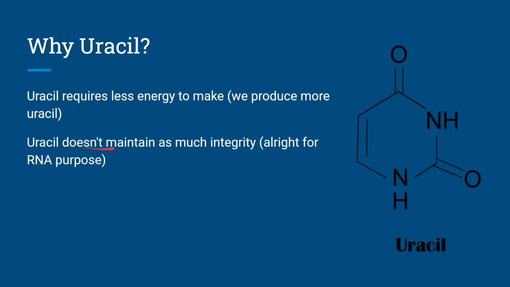Also, uracil doesn't maintain as much integrity as the thymine, so the information isn't as trustworthy per se. But this is all right for RNA's purpose because it doesn't need to maintain such high fidelity information as the DNA does.